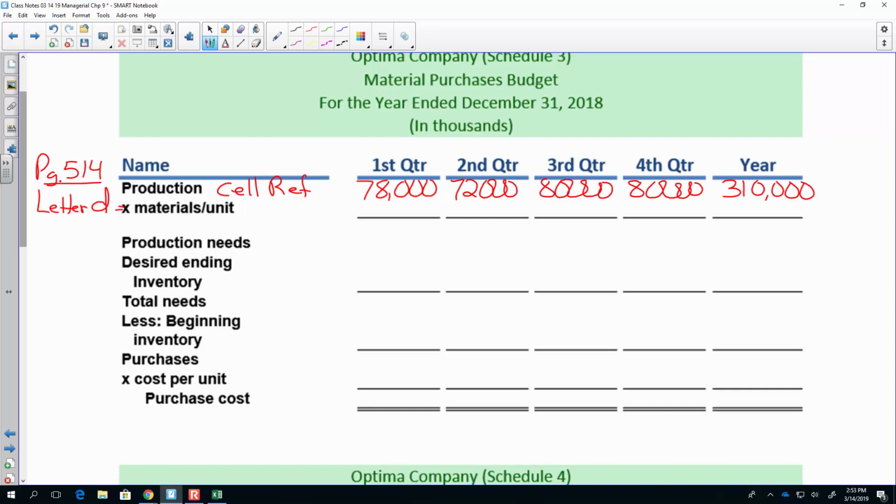Does everybody see the 3? Brianna's correct. It takes 3 units, whatever that means. So I'm going to multiply each of these quantity levels by 3, and then multiply them out, right, using a formula.